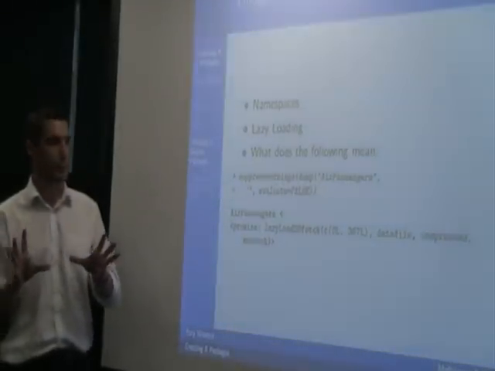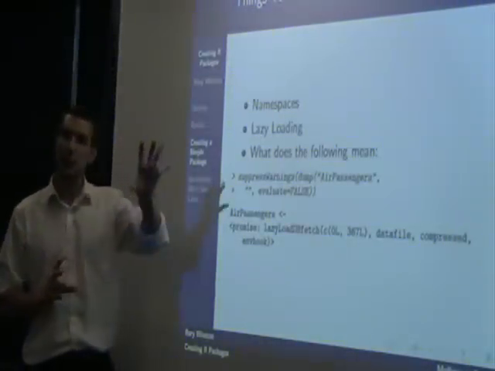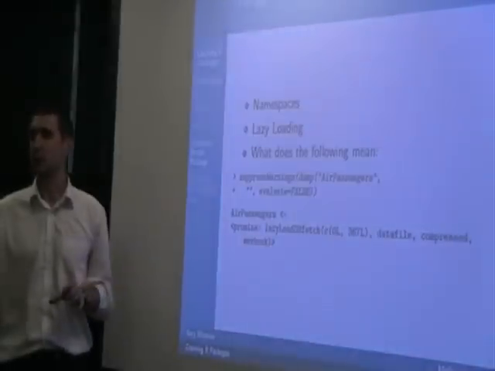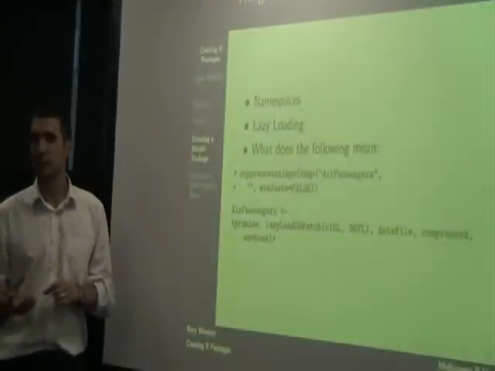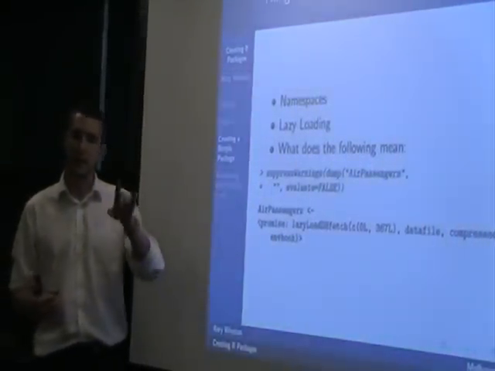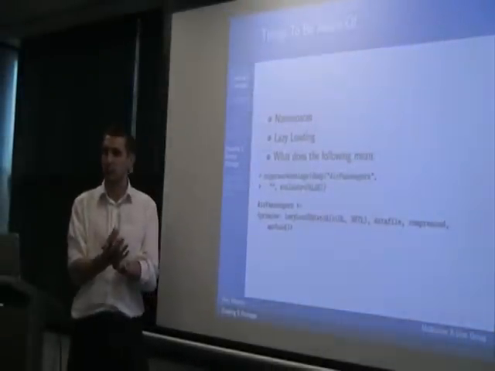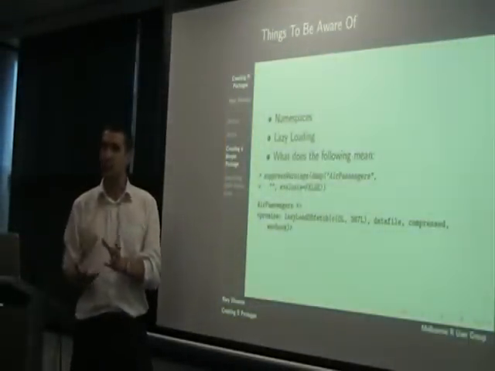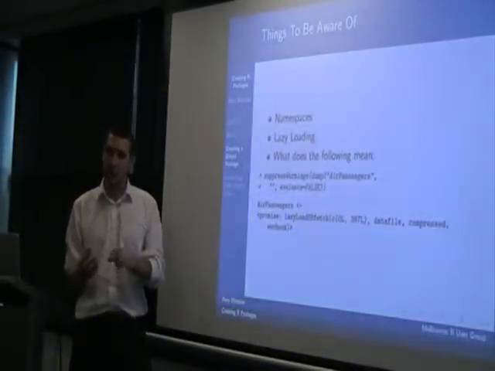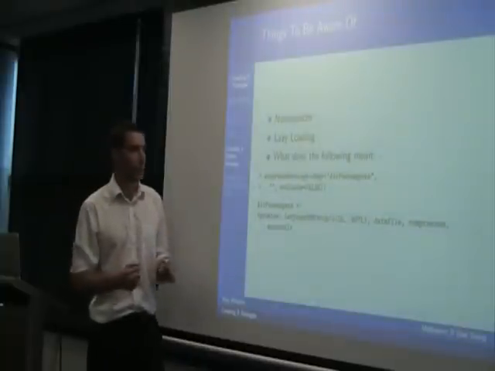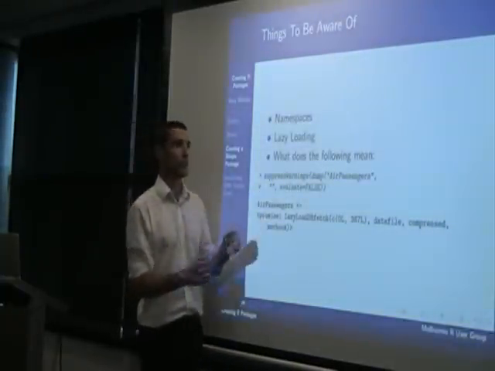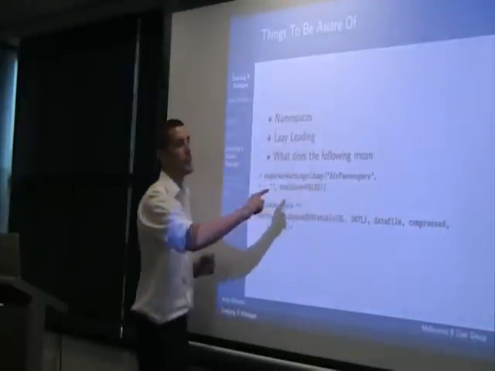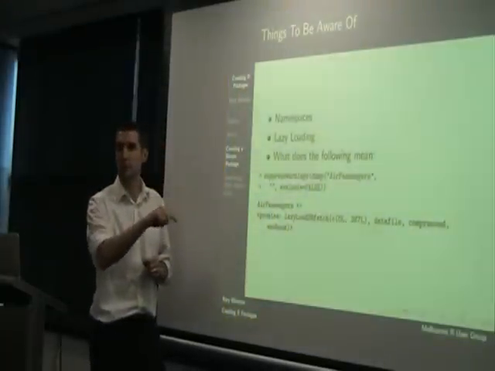What it means is that when you look at a piece of data or a function from a package, it doesn't actually load that function or data into the workspace until you use it. So, for instance, is anyone familiar with the AirPassengers data set?